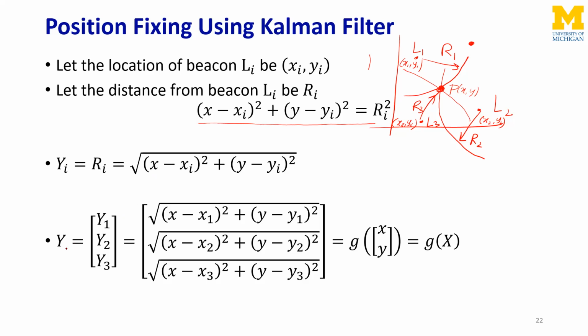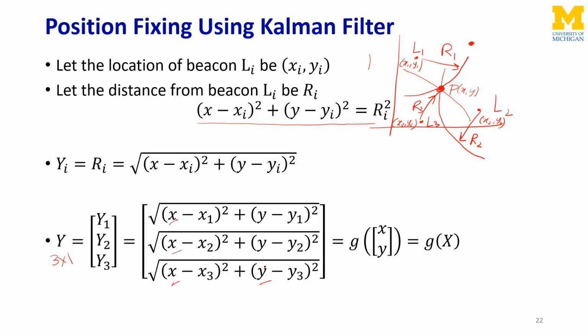So I'm going to write my measurement vector Y. It's going to be a 3x1 vector. It's going to be Y1, Y2, Y3, and it's going to be given by this big matrix. I'm going to call this big matrix G of XY. G is a function, shown here, and it's a function of X and Y. X and Y are these guys.